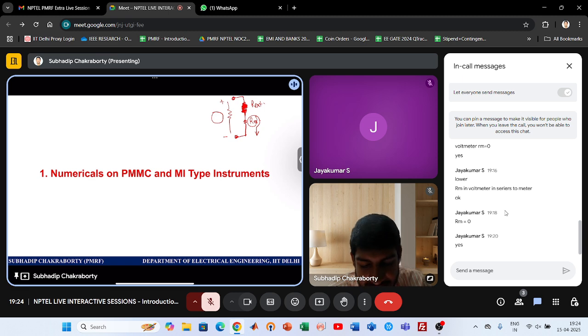Then it will not have a loading effect, right? So accordingly you scale it based on the necessary voltage that you want to measure.